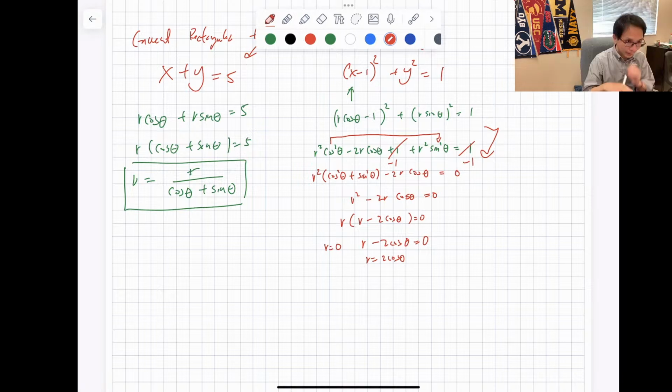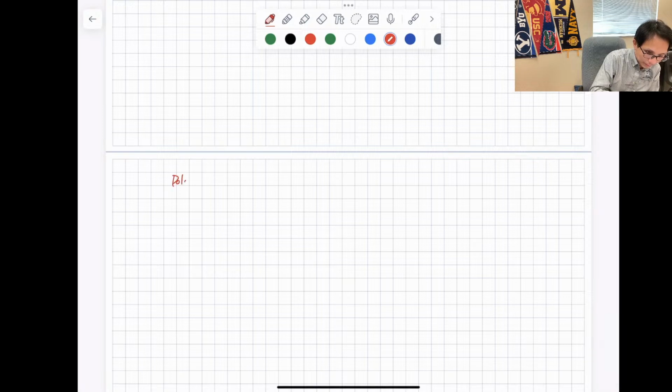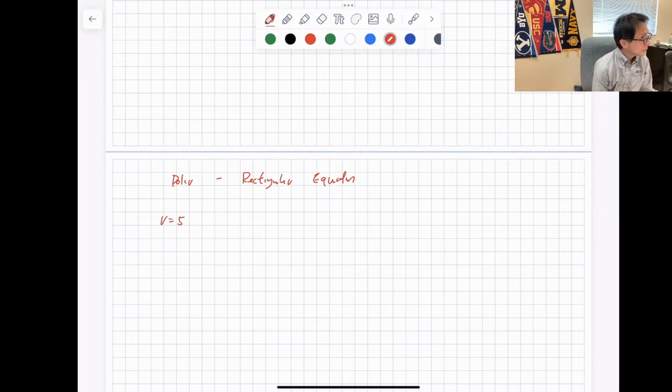Okay, so now I'm gonna convert a polar equation to rectangular. I'm gonna start with an easy one. So polar is gonna be r equal to 5.